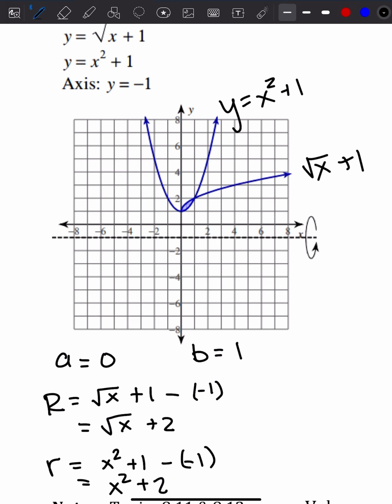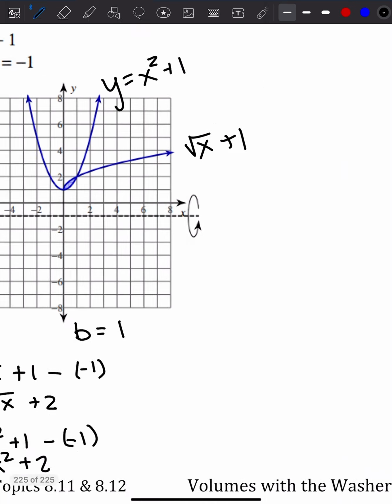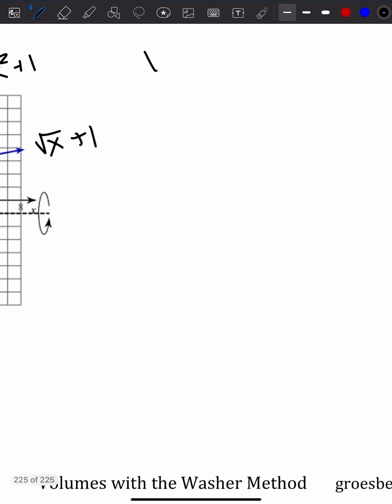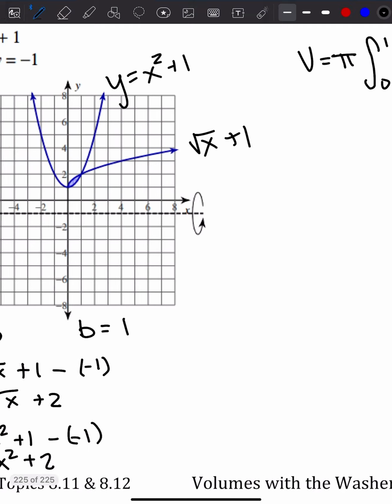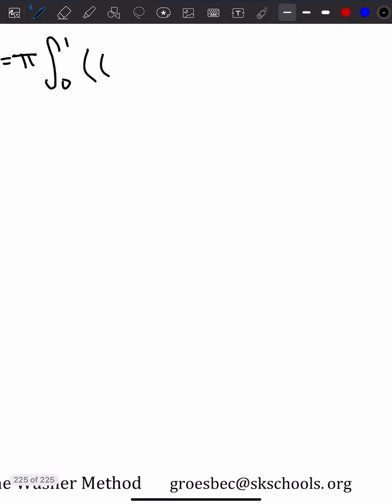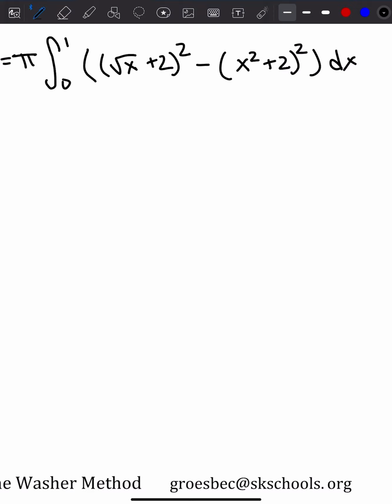So what we're going to do now is plug it into our formula. The volume is equal to pi times the integral from a to b, which in this case is 0 and 1, of big R, so (√x + 2)², minus little r, (x² + 2)², dx.